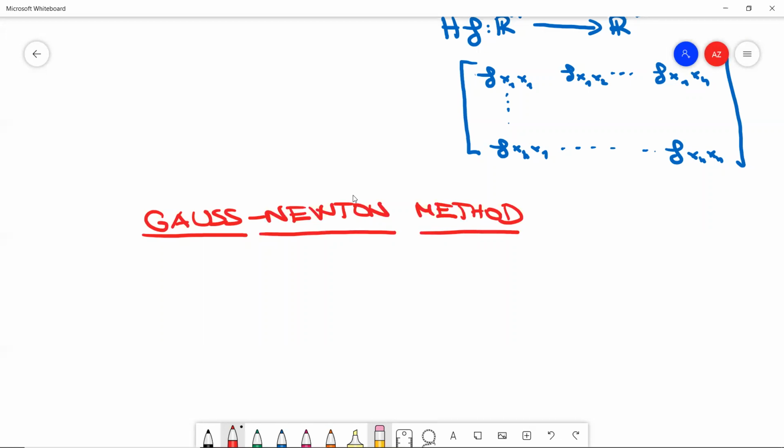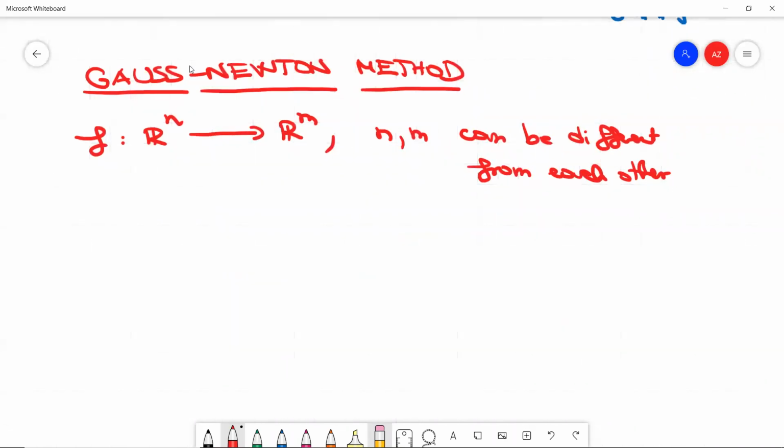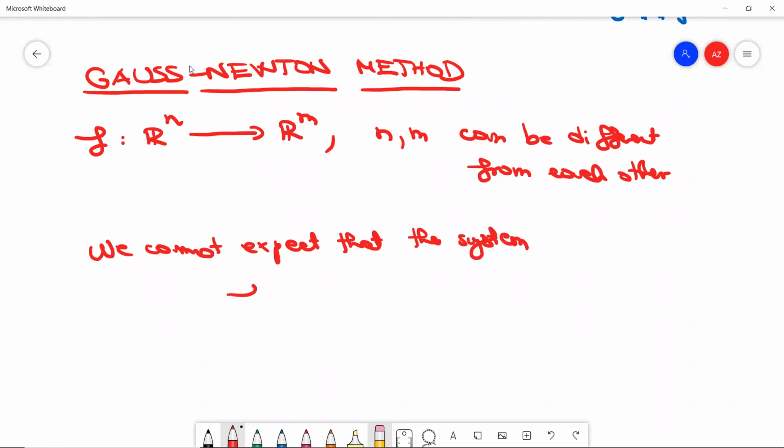In the Gauss-Newton method, our vector function maps from n-tuples into m-tuples, and n and m can be different from each other. And of course, we cannot expect that the system f of x equals 0 is solvable.